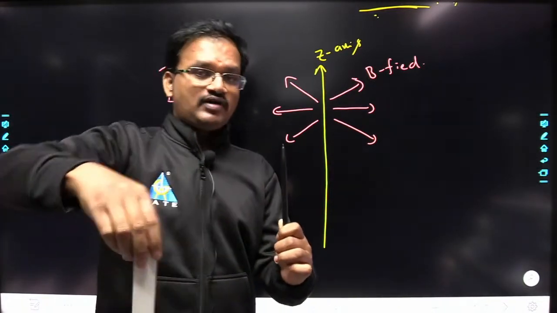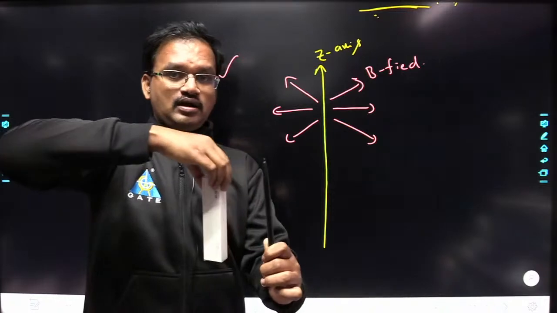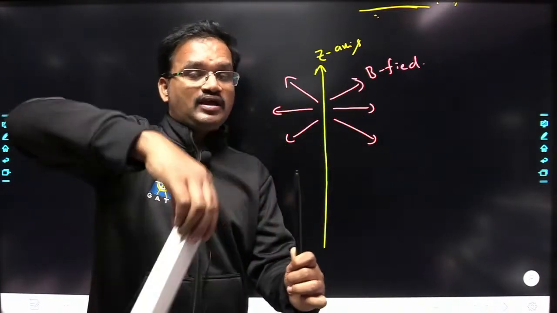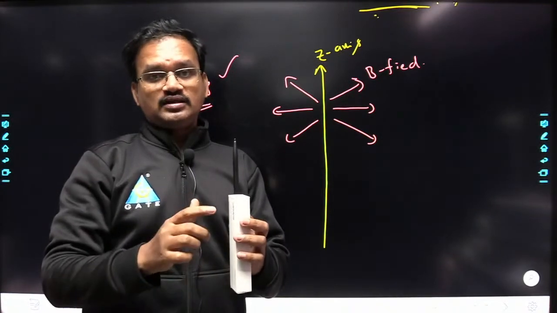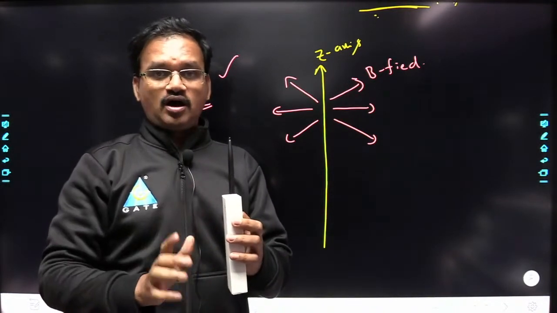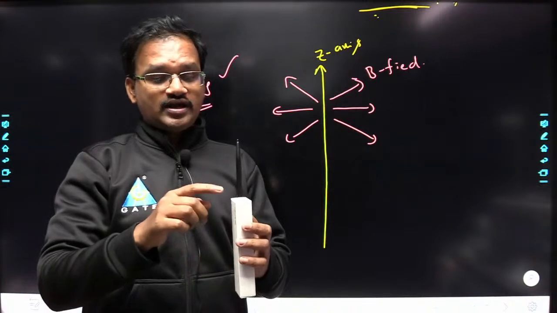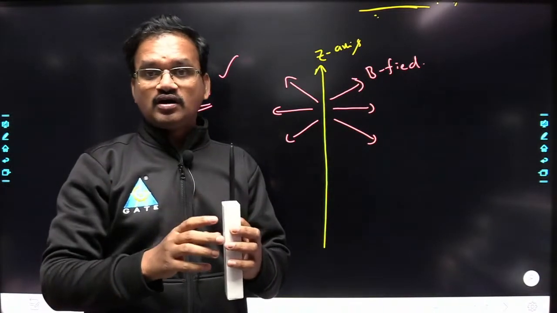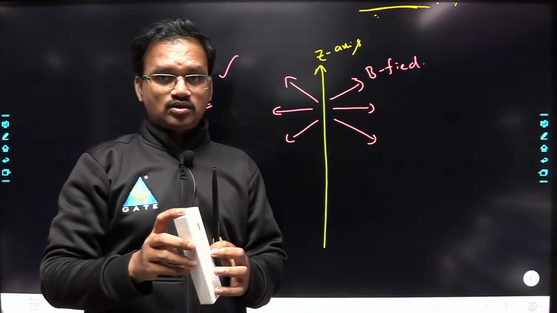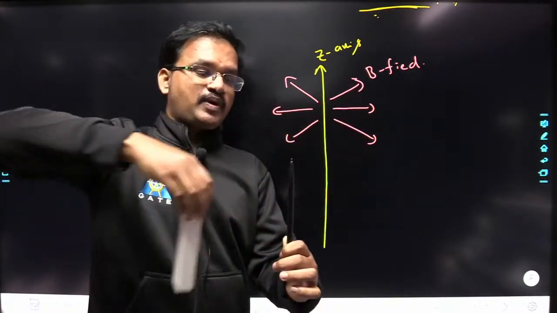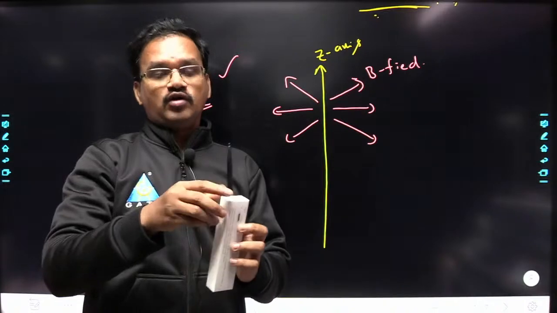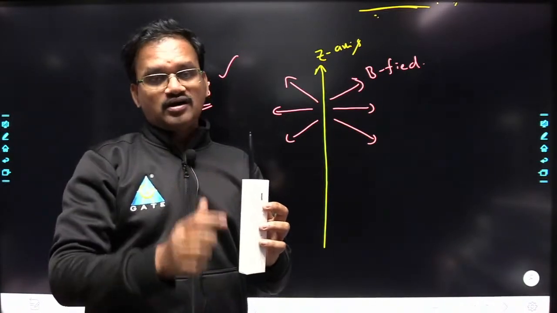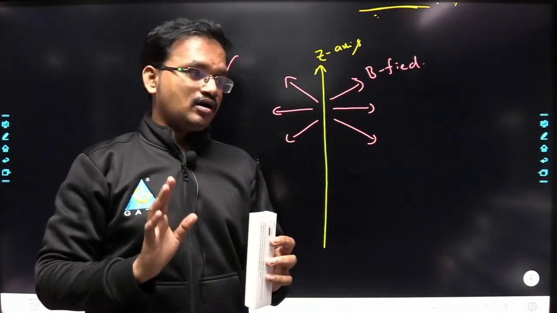We know that whenever a conducting bar is moving in a B field, there is a voltage induced across it, or I can say at the ends of the conducting bar. Understood? Okay. Now how many revolutions per minute it has to make in order to induce a potential of 1 volt across it. So that's what they are asking.